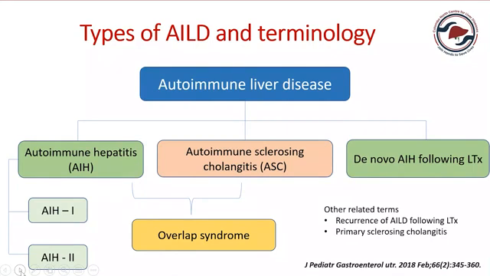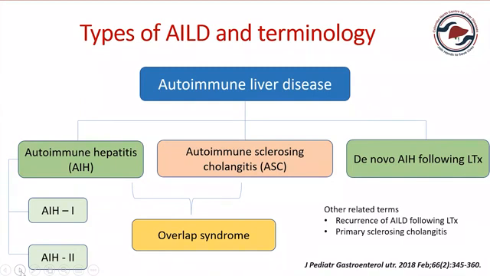For example, the child was transplanted for Wilson disease, and after the transplant, on monitoring you see raised liver enzymes and then the picture of autoimmune liver disease. So that is de novo autoimmune hepatitis which occurs following liver transplantation. The biochemistry, diagnosis as well as the treatment is completely the same as autoimmune hepatitis which occurs in otherwise well children.